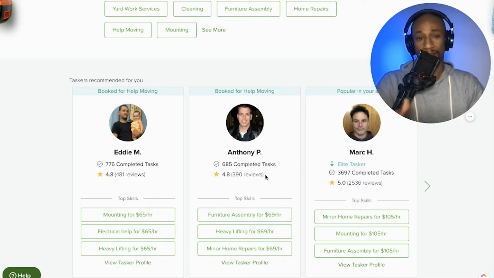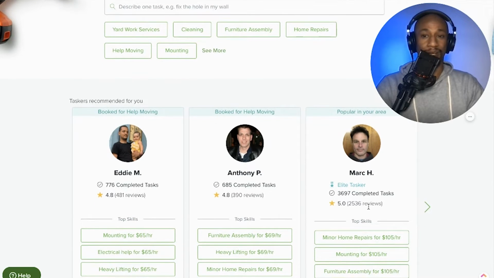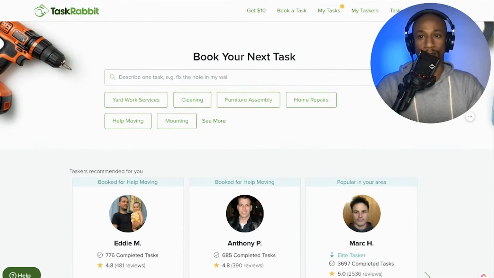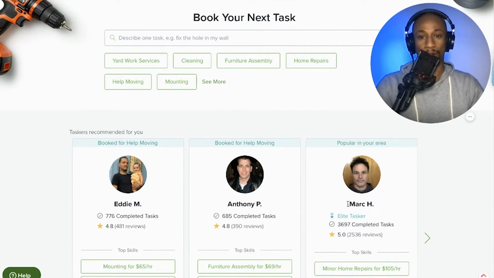And ultimately, it's going to just come down to your region, wherever you are located and whatever service you're providing, and just jumping in here on TaskRabbit, not logged in to your account. Like right now I'm logged in. So I might potentially, but if I wasn't logged in, I could potentially be one of the taskers you see here on the screen.